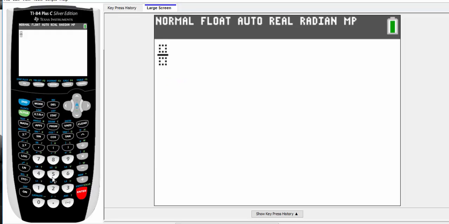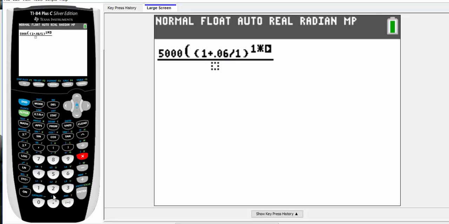Enter the top first, so 5,000 times, open bracket, but there's no bracket on the calculator, so use parentheses instead. So open parenthesis, another parenthesis, then 1 plus 0.06 divided by 1, then close parenthesis, raised to 1 times 25.